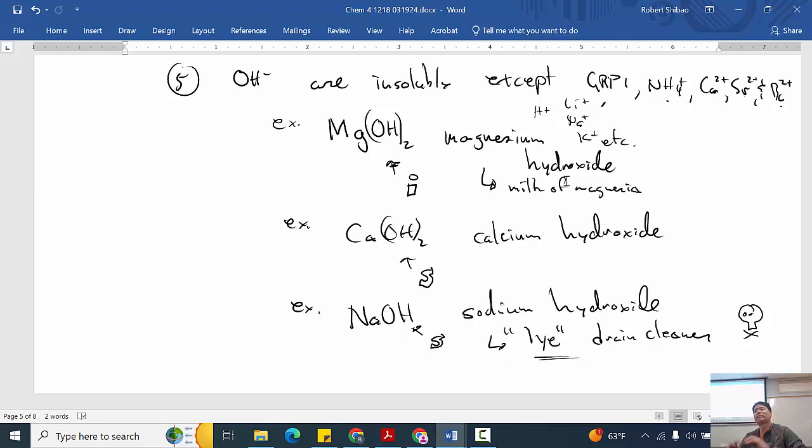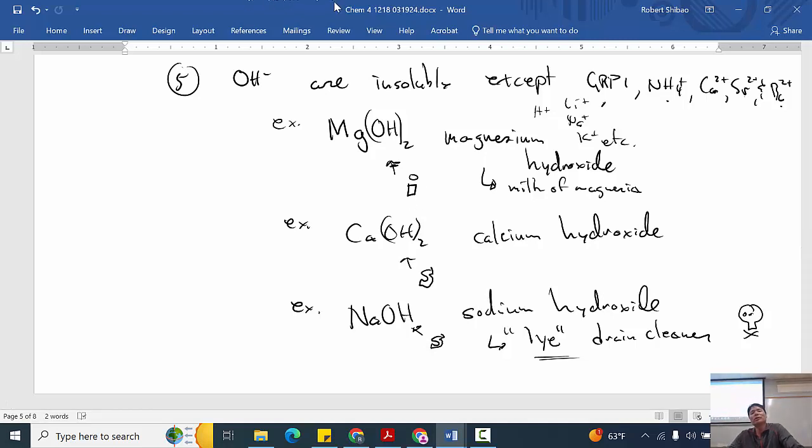We have to free up the hydroxide so that they can attack the fats that are clogging the sink or the hair that's clogging the sink or whatever is clogging the sink. And if it's not very soluble, where are the hydroxides? Is this an ionic compound or a molecular compound? It's an ionic compound. The hydroxides are locked in the crystal lattice. And so it's not going to be as effective because there isn't as much hydroxide free to react. That's why.